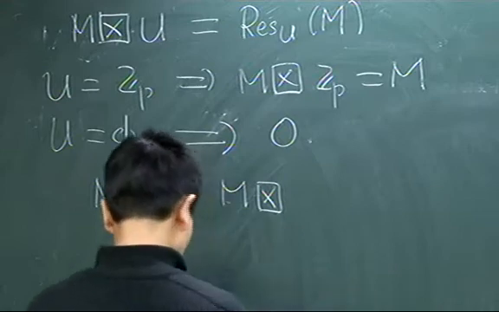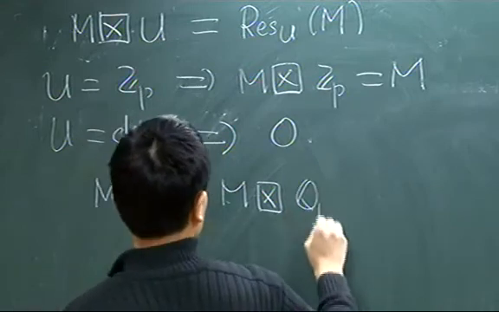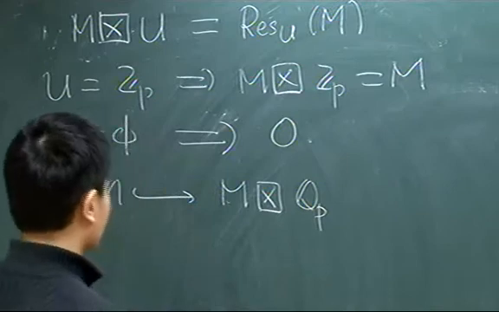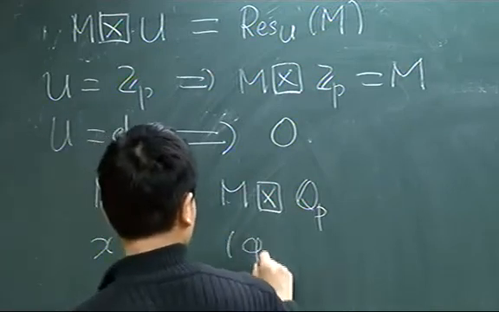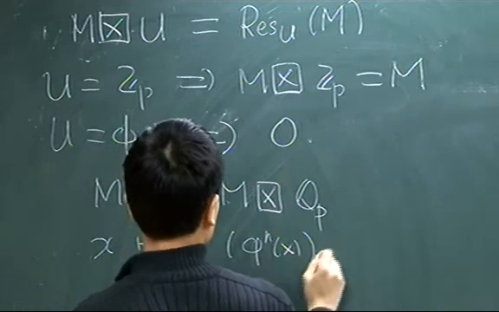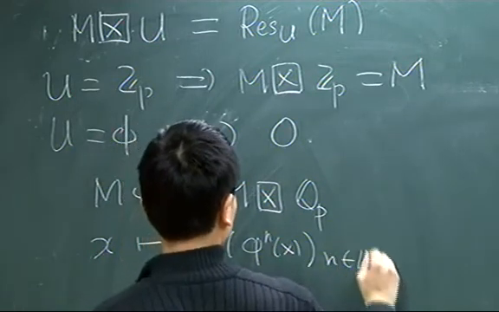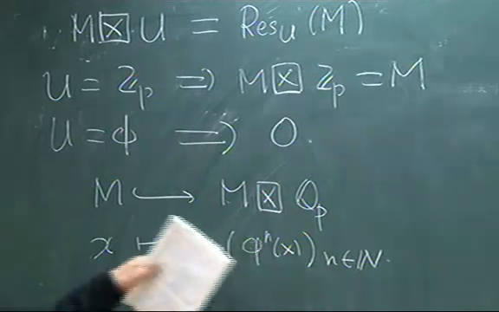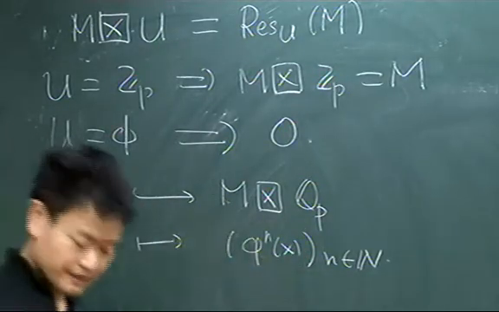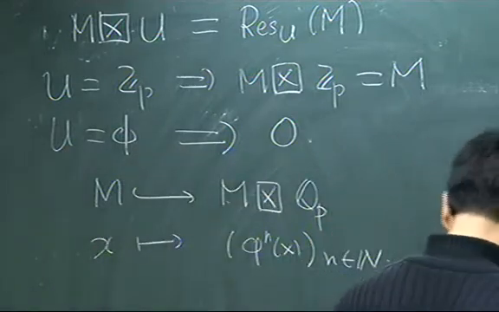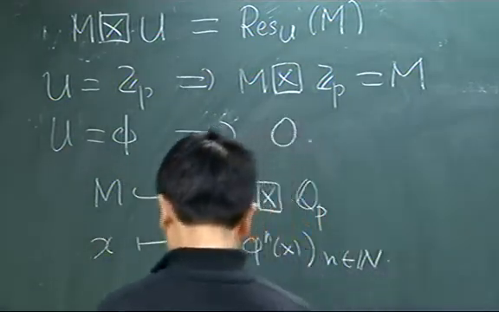So how do we define this? We have an x here. We just define phi^n x. Then we get a map from M to here. And this is a kind of injection.